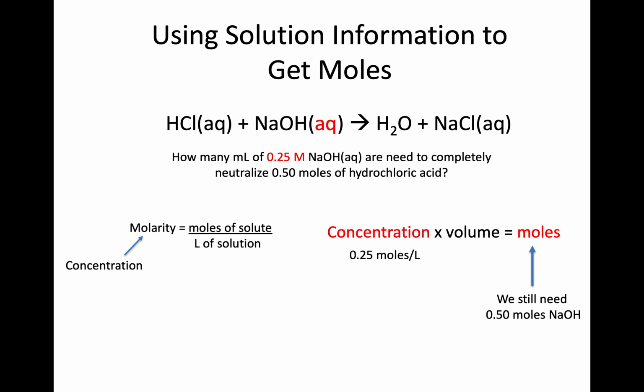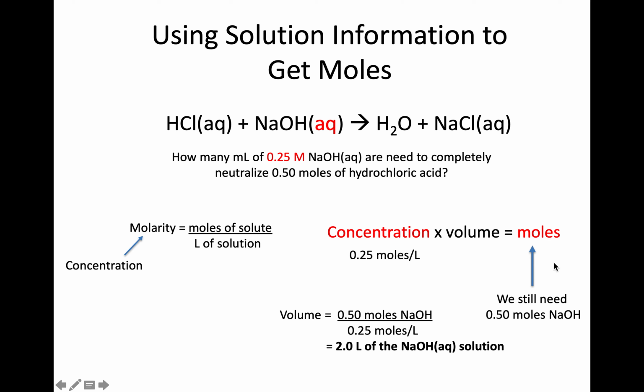We only have one variable left, which is the volume. We can set up a simple ratio and solve for the volume as being the moles of the sodium hydroxide that we need divided by its concentration. We need 2 liters of the sodium hydroxide solution. Within our scenario here, I think that you're very proficient at using the periodic table to go from grams to moles or moles to grams.